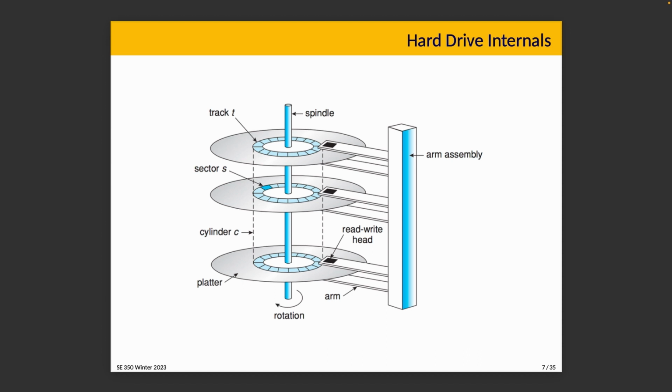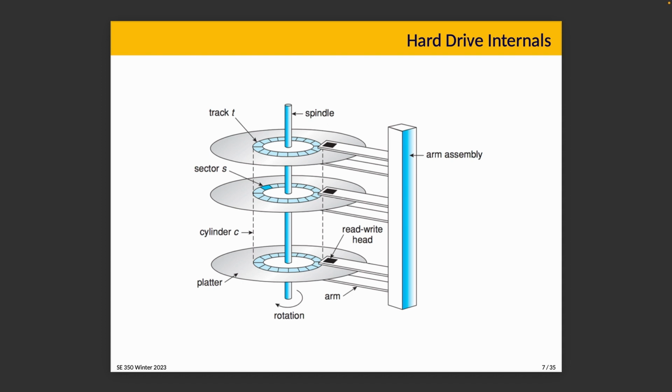Now, the surface is divided logically into different circular tracks. The track is like a loop around it. The tracks are of different size. The ones that are closer to the center of the drive are shorter, and the ones that are farther out are going to be larger. They have more stuff in them.